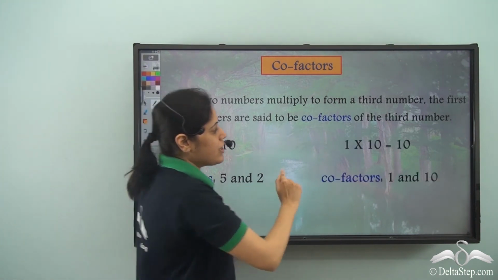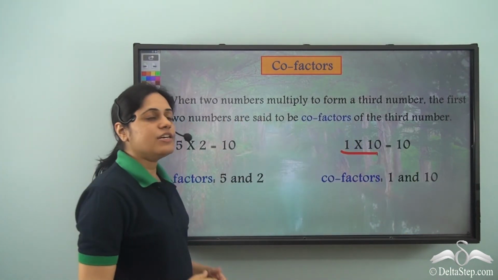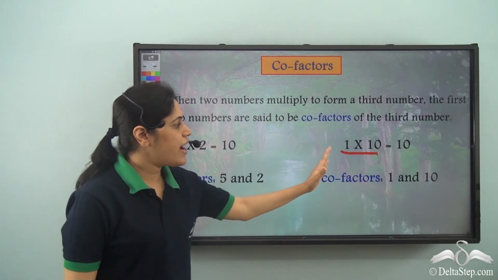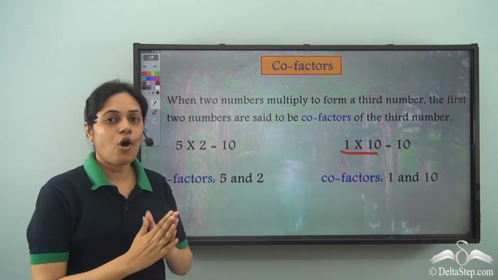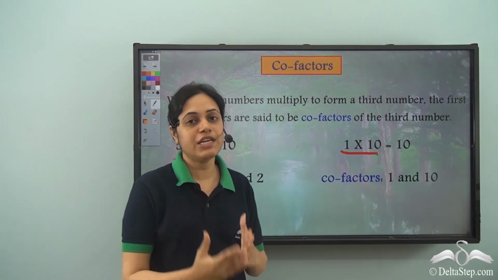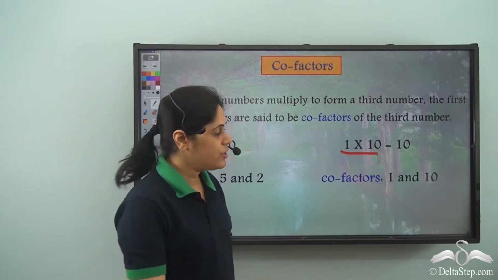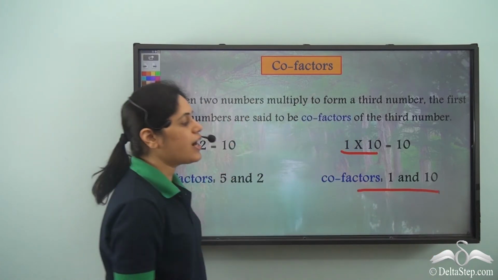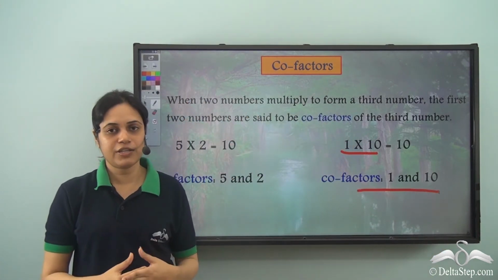Similarly, 1 into 10 is also 10. So 1 and 10 are factors of 10. Also, they multiply with each other to give 10. So 1 and 10 are also cofactors of 10.